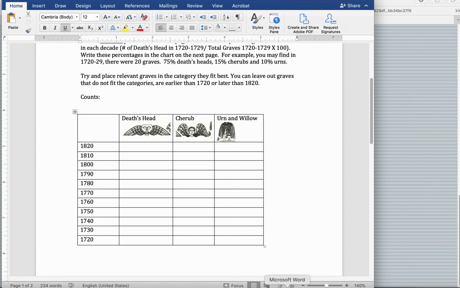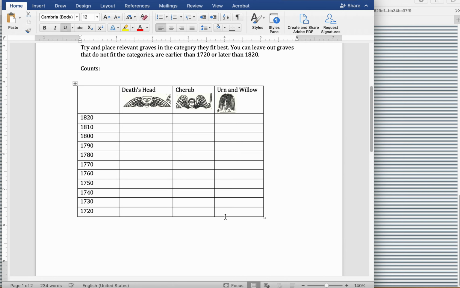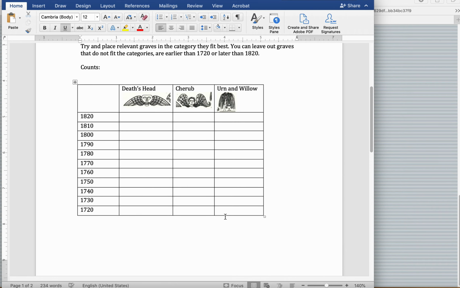Once you have tallied all the numbers here, you now will create percentages. The reason why you'll do that is because you can't compare raw numbers. Imagine if you counted, let's say, 5, 2, and 1, and in the next decade you had 10, 4, and 2.